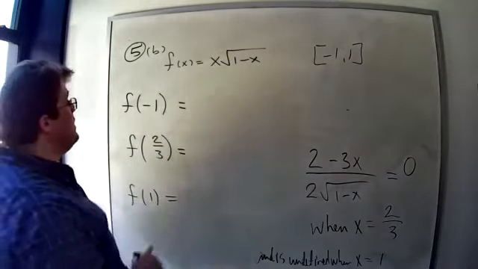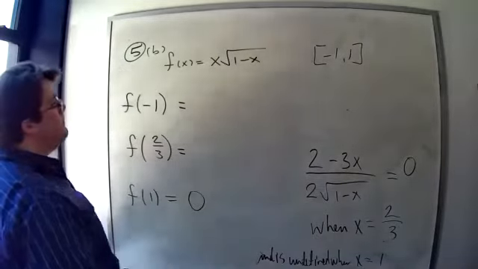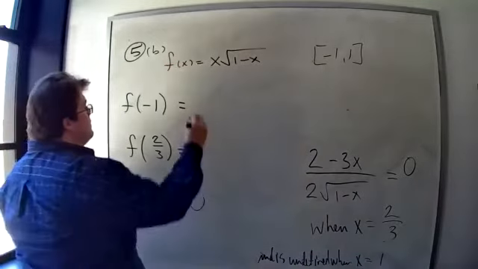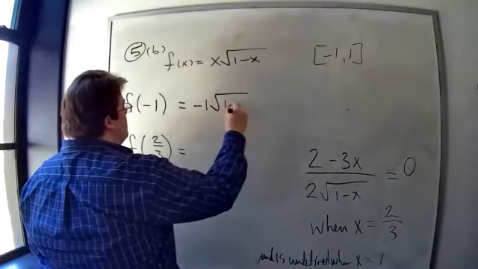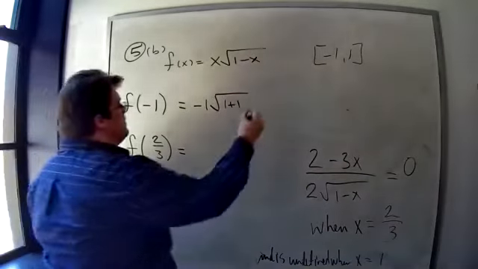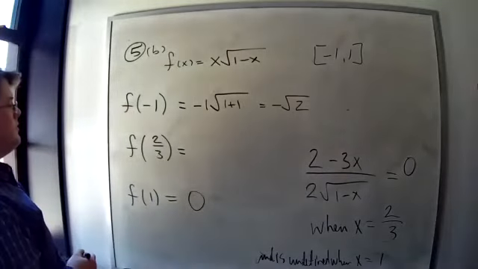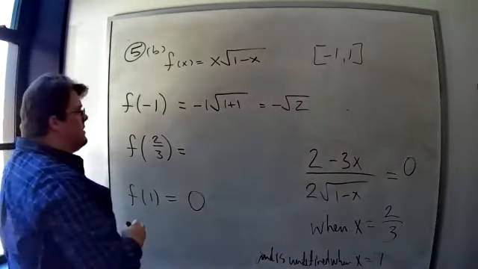Evaluated at 1, what do you get? 1 times 0, which is 0. Evaluated at -1, you get -1 root 1 plus 1, which is -√2. Evaluated at 2/3, what do you get?